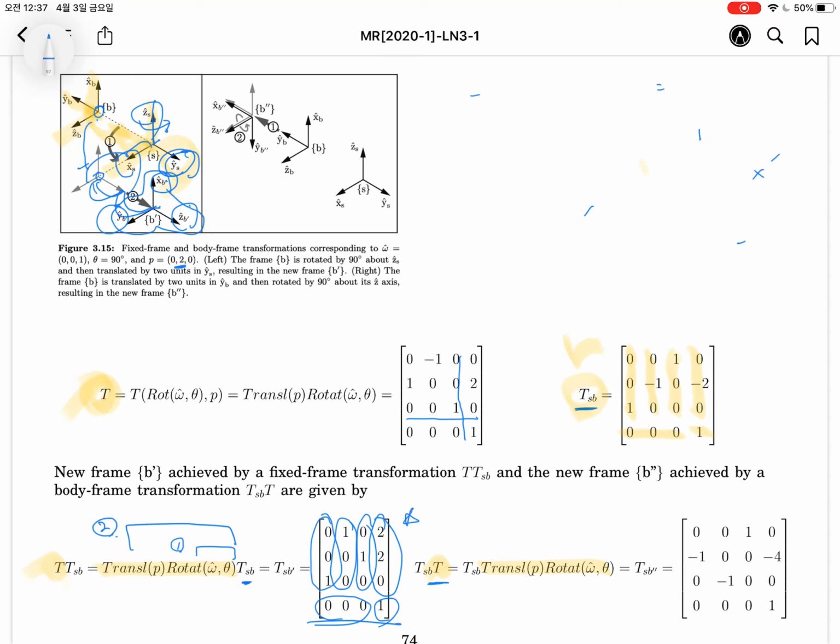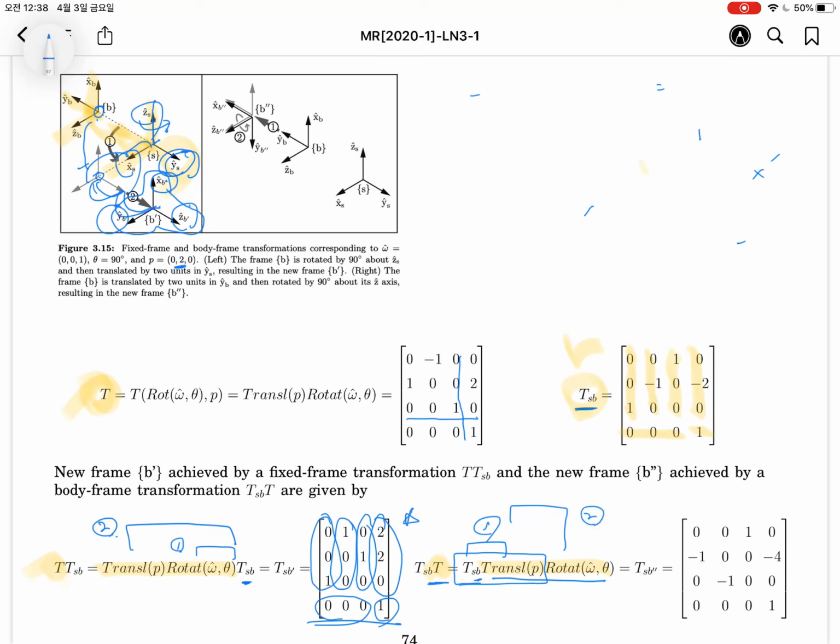On the other hand, if you consider the post-multiplication of the T, the same is applied. Okay, in here we take the body frame, the first translation. Applying this operation, we can get a new body frame, and then the new body frame can be used to apply the rotation.